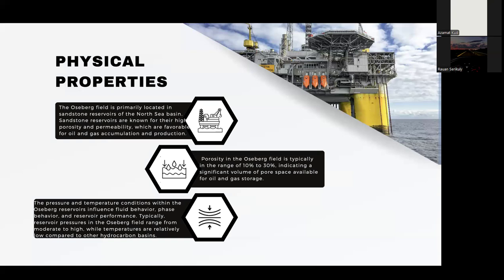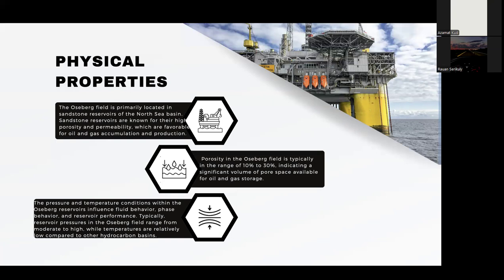And the porosity of the field exhibits 15 to 30%. It indicates significant pore space available for fluid storage, and the permeability ranges from 50 to 500 millidarcies. The variation in permeability influences the fluid flow rates and distribution within the reservoir.